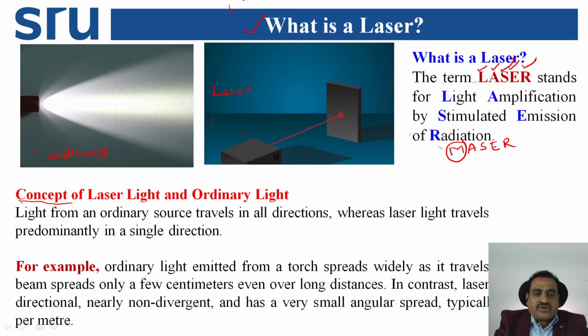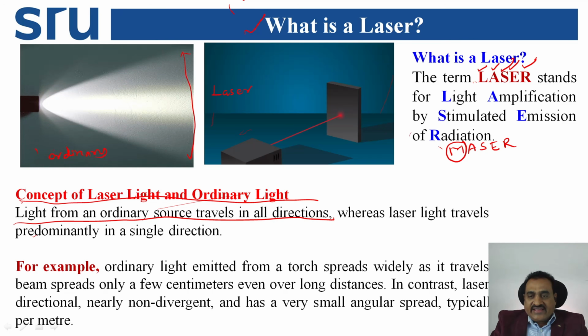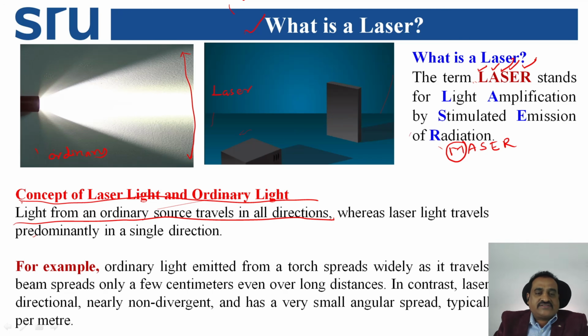So this concept of laser light and ordinary light, you try to see. Light from an ordinary source travels in all the directions. You can see this spreading is also more. Whereas laser light travels in a single direction.